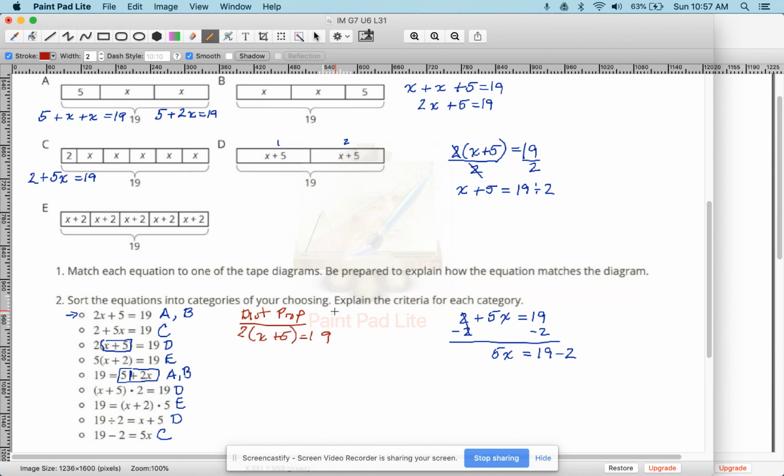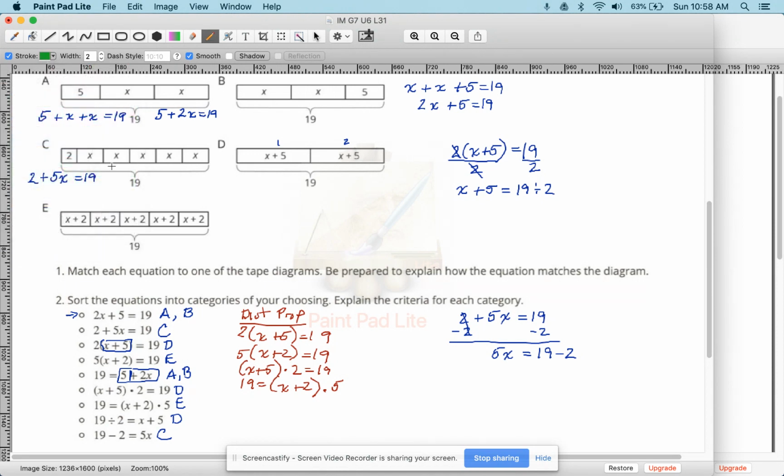That's one I could use the distributive property on. 5 times x plus 2 is another one I could use distributive property. Looks like I could use the distributive property on x plus 5 times 2 equals 19. And then I could use it on 19 equals x plus 2 times 5. So there's one group.